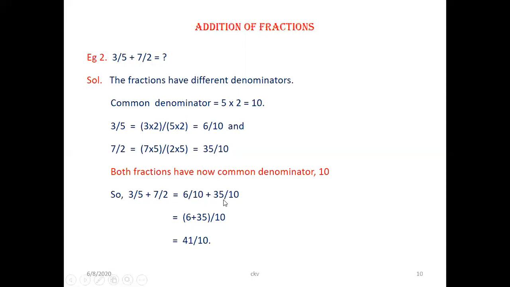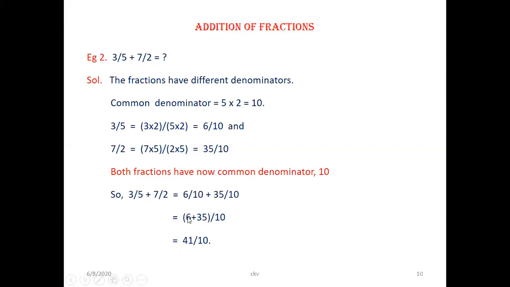And as I said earlier, when the fractions have the same denominator, you only add the numerators, that is 6 plus 35, and put the denominator which is common to both the fractions. So 6 plus 35 gives you 41, and the denominator is 10. So finally the sum of 3 by 5 and 7 by 2 is equal to 41 by 10.